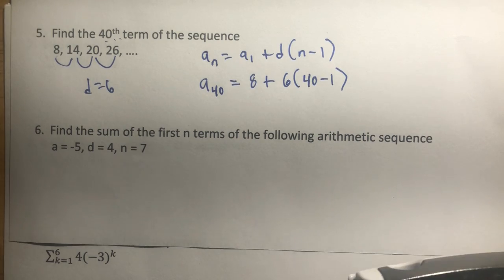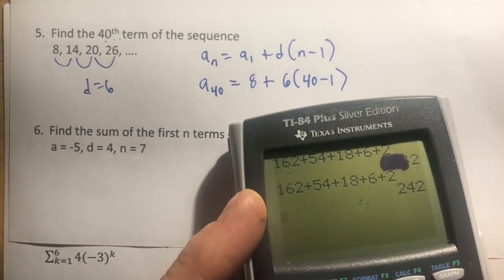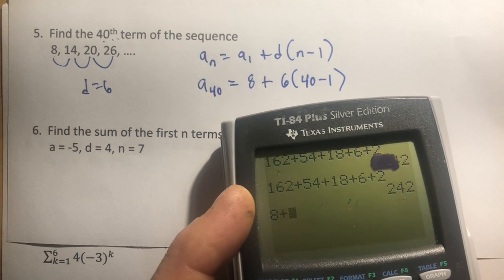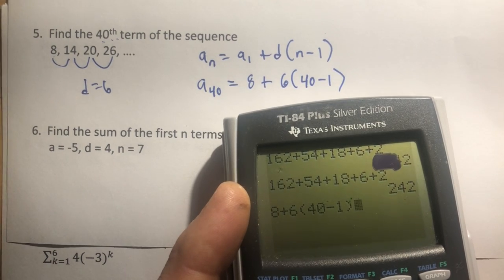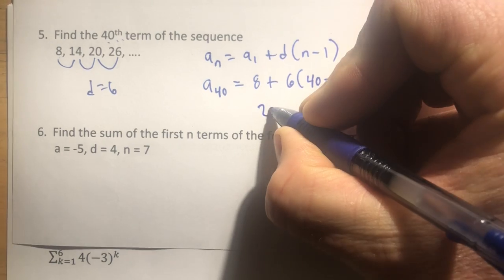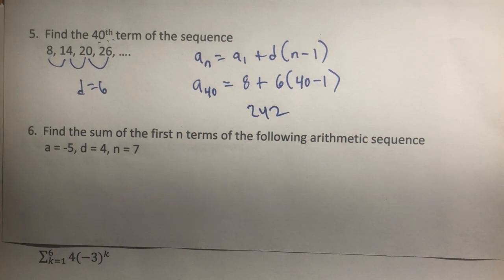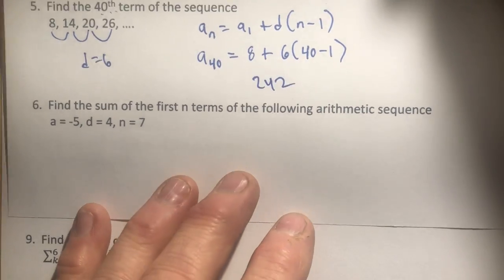I'm trying to get it in here so you can see the screen. 8 plus 6 and then 40 minus 1 in parentheses. 242. Okay. There you go. That's the 40th number.